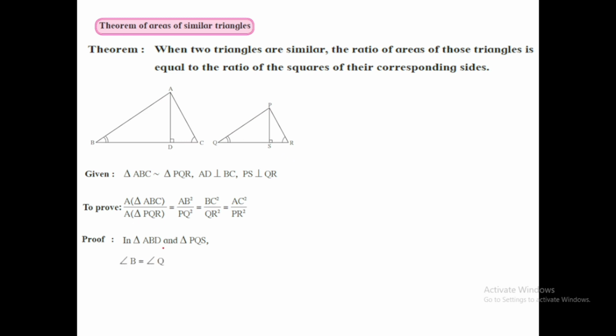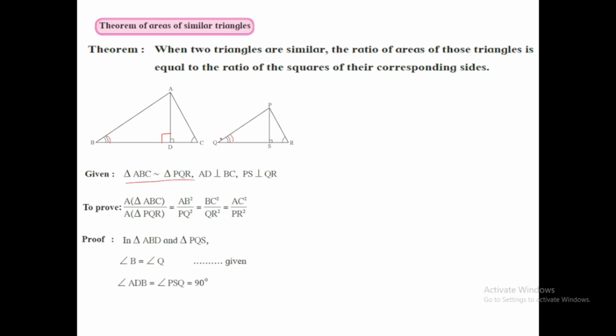So the first element is angle B is congruent to angle Q. As triangle ABC is similar to triangle PQR, and angle B and angle Q are the corresponding angles, they must be congruent. So that's the reason given. The second element is angle ADB.